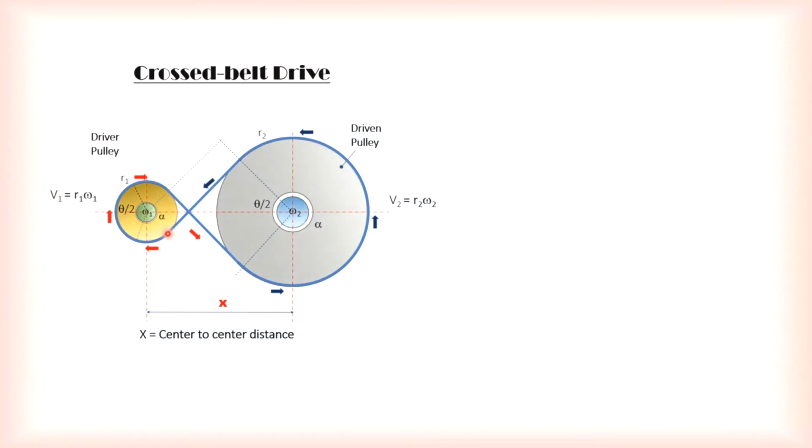When it rotates clockwise, it will exert a pull from this side here, so this should be the tight side, and this should be the slack. Now, if it rotates anti-clockwise, then your pull should be here, and the tight side should be on this belt here. I hope you all understand. If you have any questions, you can still ask me.